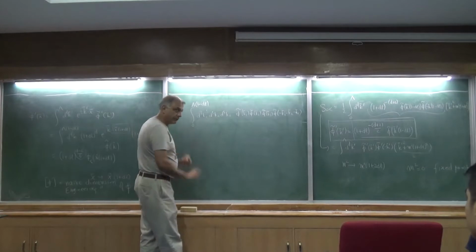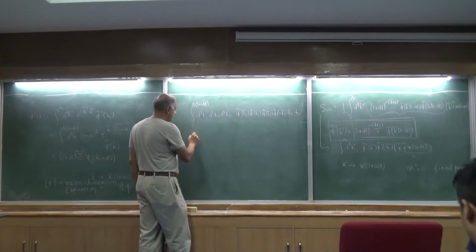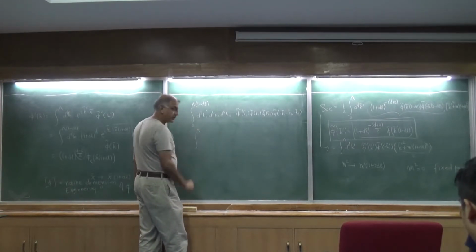Now I do my same old step, so I go from k to k prime. So this becomes lambda.